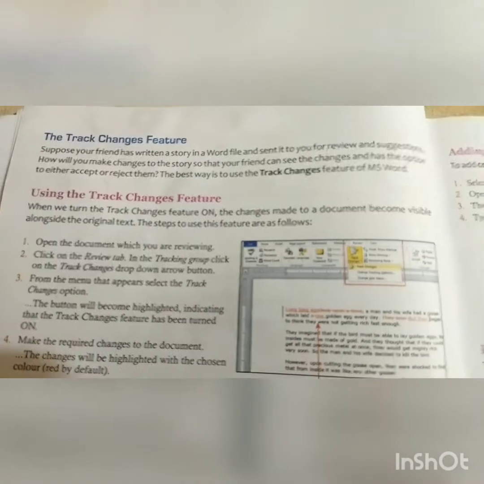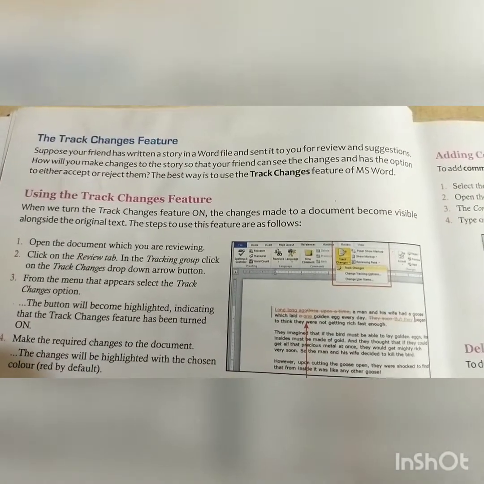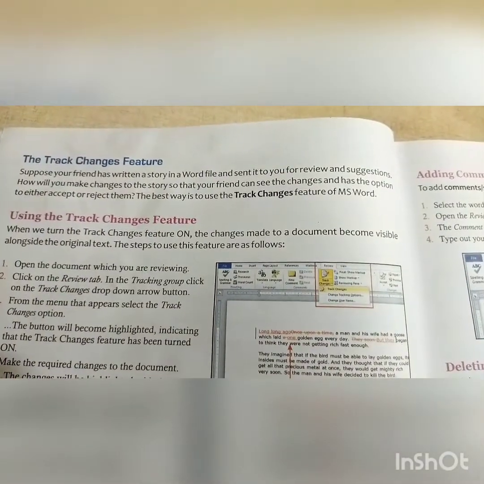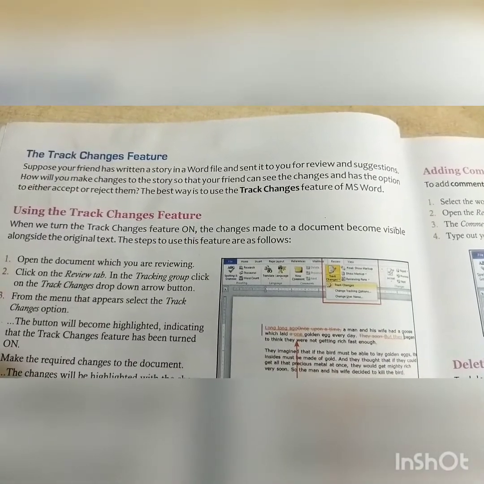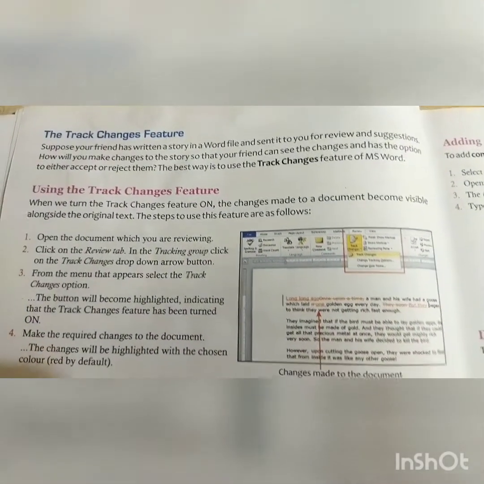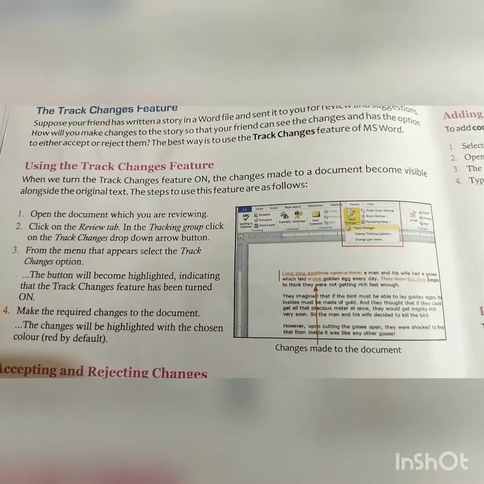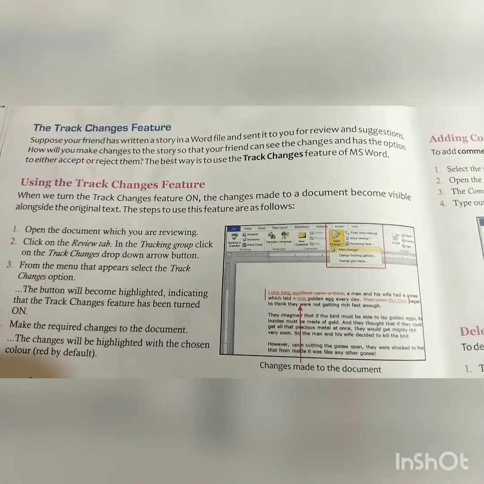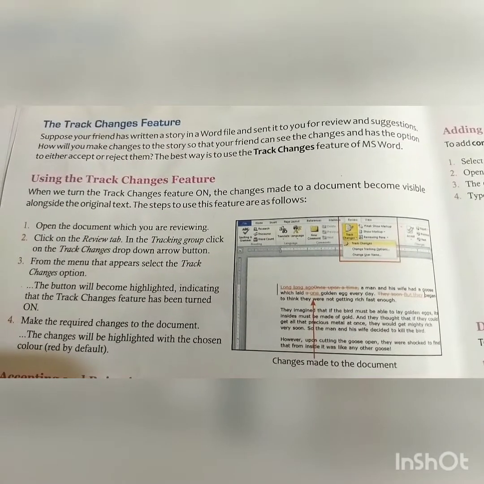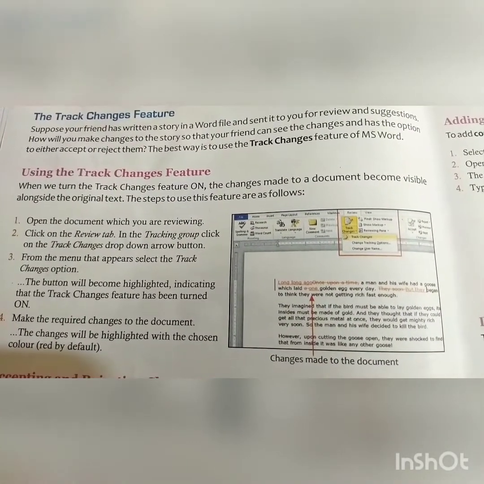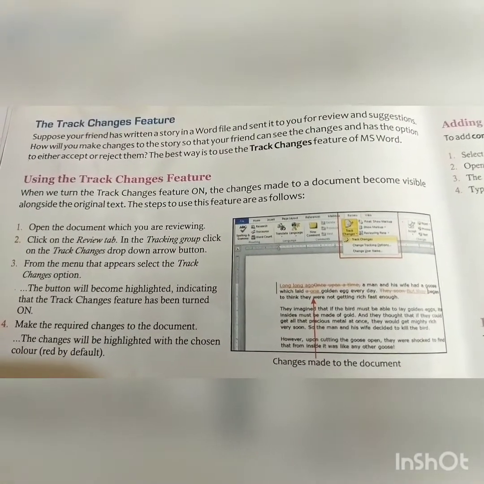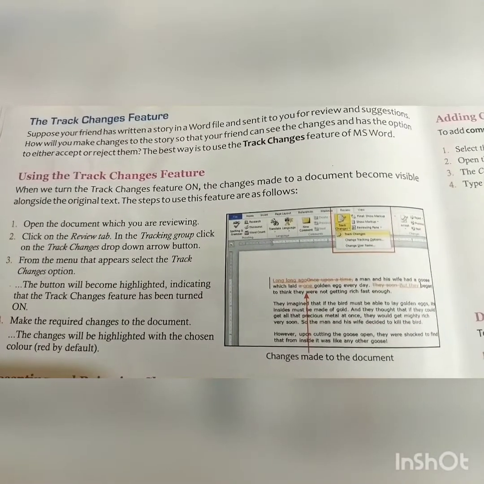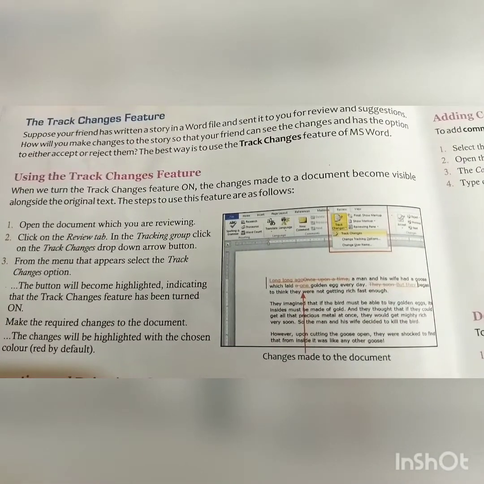The track changes feature is a feature for review and suggestion in MS Word. When we turn the track changes feature on, the changes made in a document become visible alongside the original text. The steps to follow are: open the document which you are reviewing and click on the Review tab.